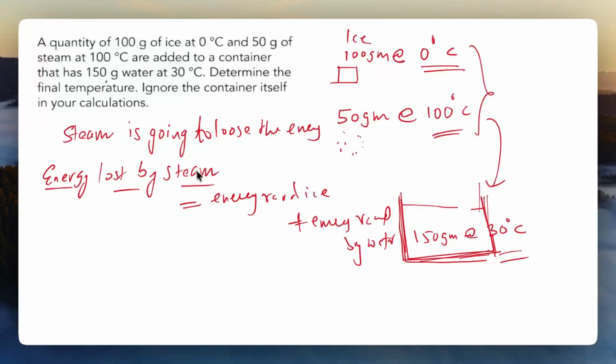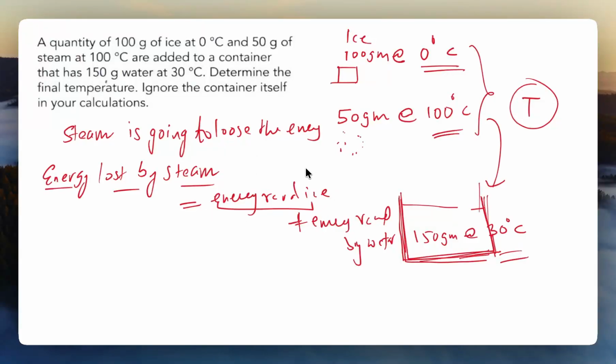But as it is steam at 100 degrees Celsius, first the steam has to transform into water, right? And then that water is going to fall in temperature to whatever final temperature T, right? So T is our final temperature. Whatever energy it loses is going to be converted to first melt the ice.